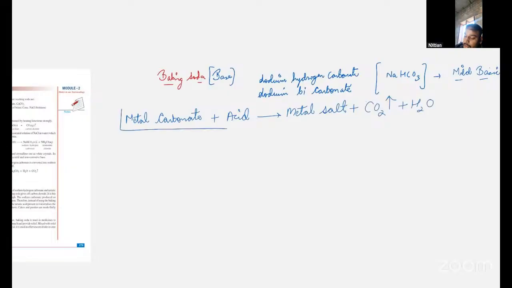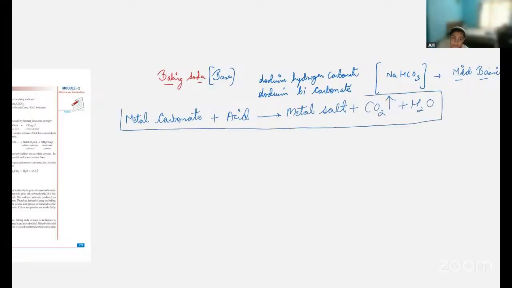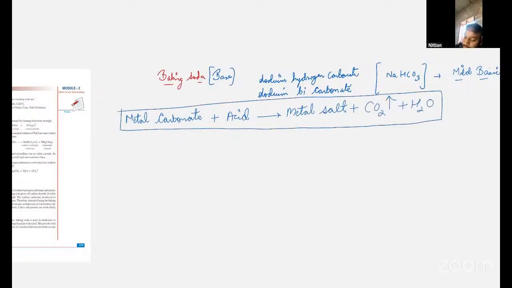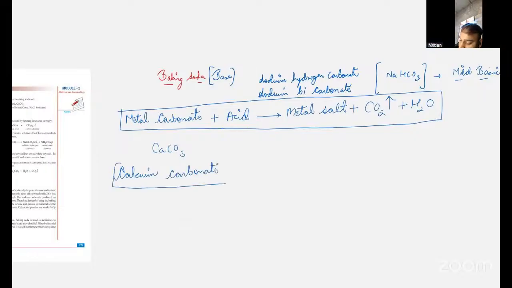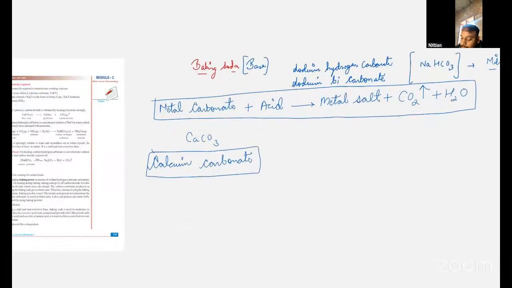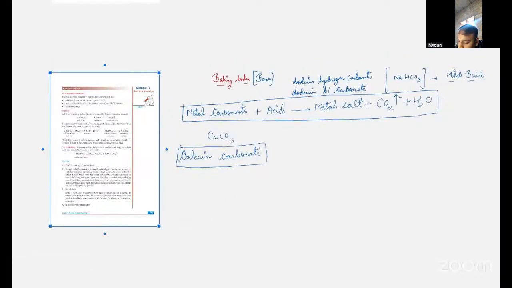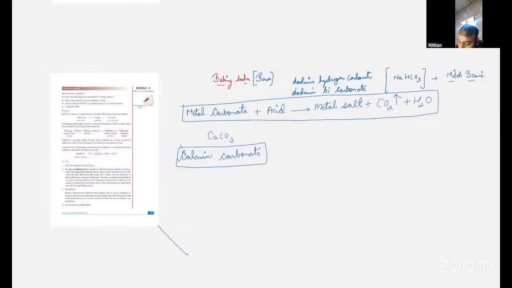We learned this, yes or no? So, for example, if I take CaCO3, which is calcium carbonate. Is salt just any metal salt? Yes, any metal salt. In this case we are using calcium, so calcium will be the metal salt. Got it? Got it, sir.